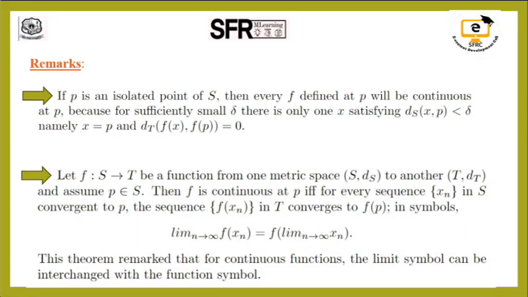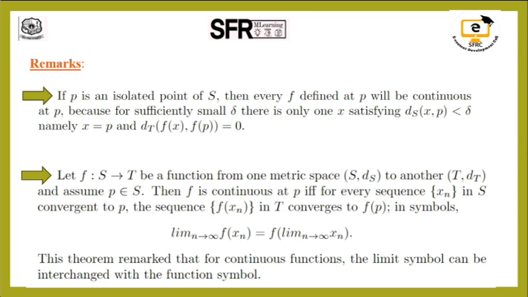So these are some remarks. Suppose we have a point P in S which is an isolated point. Isolated point means it is not a limit point. Then every function f defined at P will be continuous at P. Whatever function it may be, it has to be continuous at P. This is because if we choose delta sufficiently small, there is only one x satisfying the distance between x and P being less than delta, and that x is our point P itself.